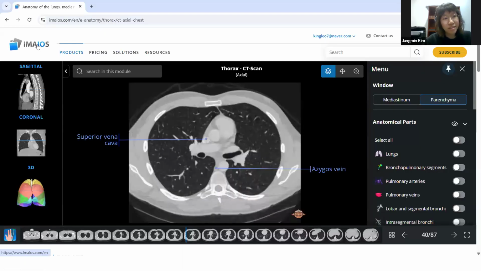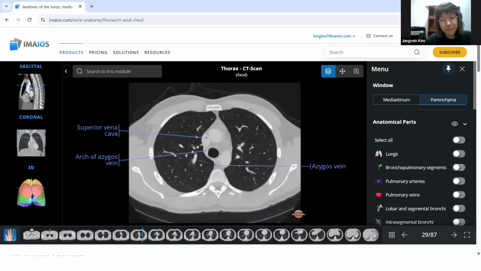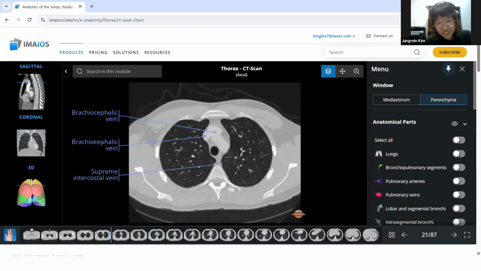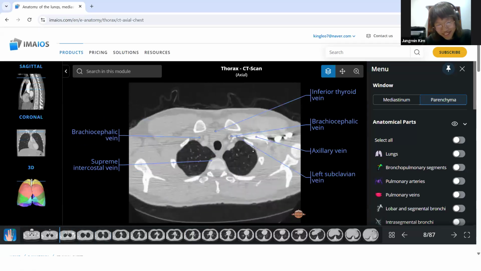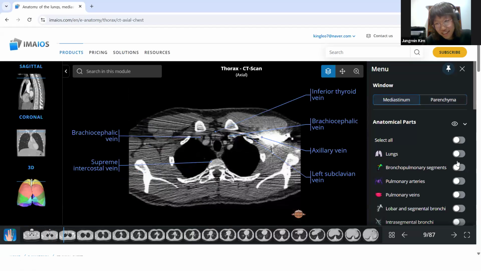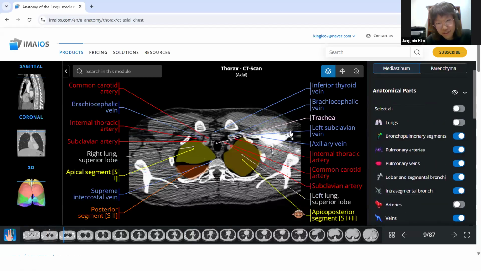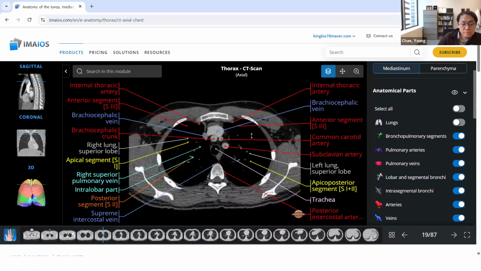And this site is really good. It's called Imaios. I don't have any conflict of interest. It is good for studying because you can change windows, so you can look at all the structures if you want to.